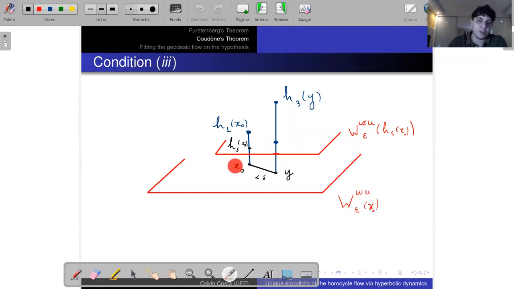and y is not farther than delta from x0, then you do the following.